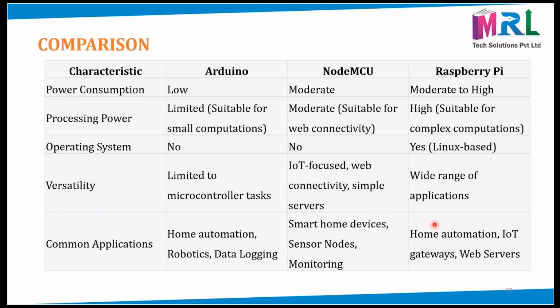From this analysis, we come to know that for computational complexity problems, we need to choose Raspberry Pi, like IoT applications, AIoT applications, face detection. For these applications, we need to choose Raspberry Pi. For simple Wi-Fi controlled embedded devices, we need to choose NodeMCU.